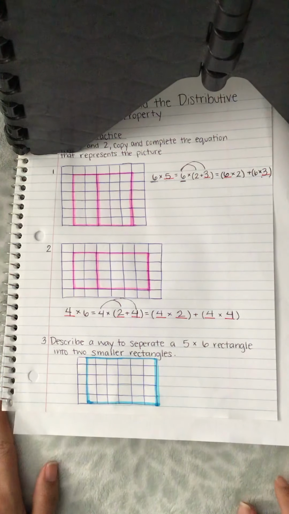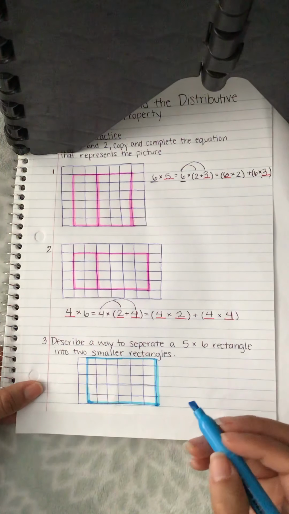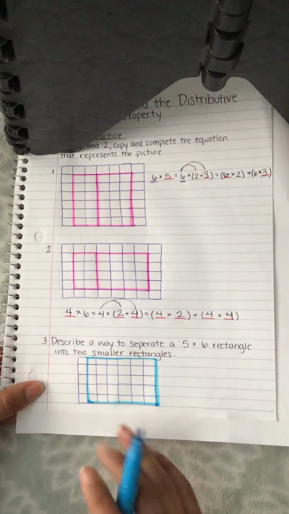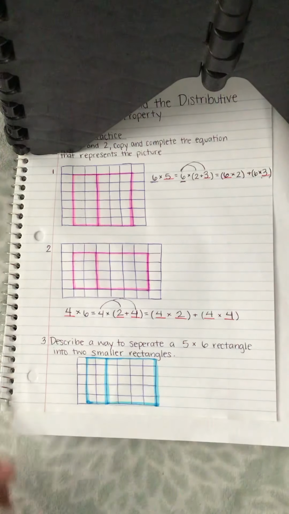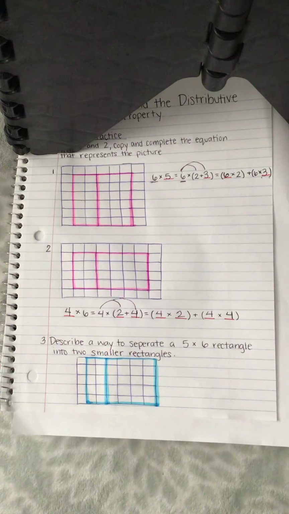You can split them right down the middle so that there's 3 and 3, or you can do it this way. So what are my 2 smaller rectangles?